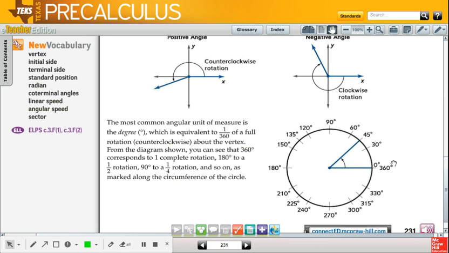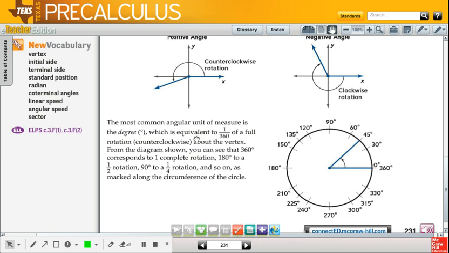Now this last diagram ties into the unit circle. The description: the most common angular unit of measure is the degree, which is equivalent to 1 over 360. The reason we say 360 is, of course, if we were to go around in one circle, make one rotation, that's 360 degrees.